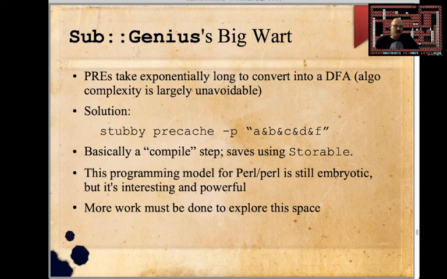Writing it as an XS module comes to mind, but since that's not my forte, although I'm interested in doing that, my solution was just to provide some caching. And again, this caching is very similar to how inline C operates. And once you have a PRE that's been cached, it almost takes no time at all, because it just pulls the DFA right out of the storable format.